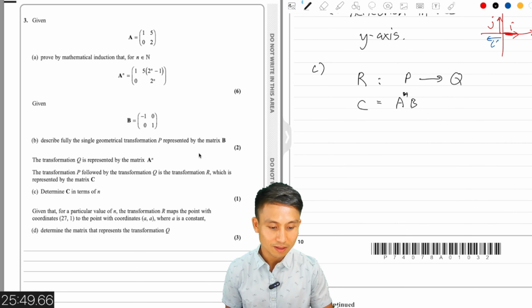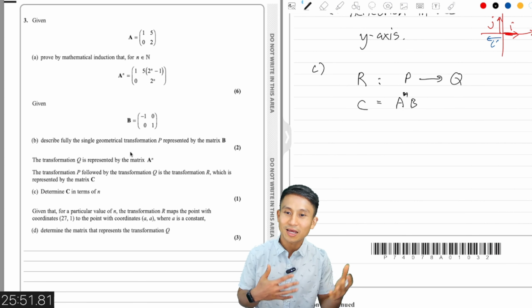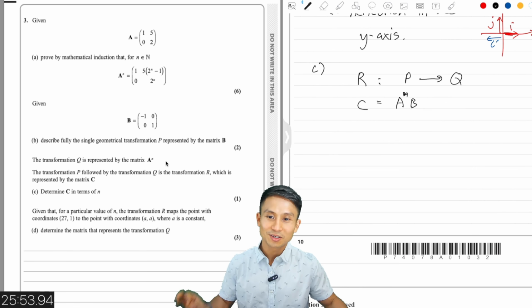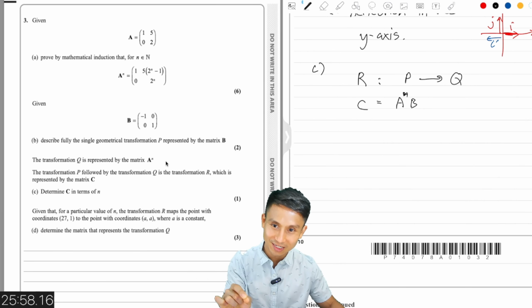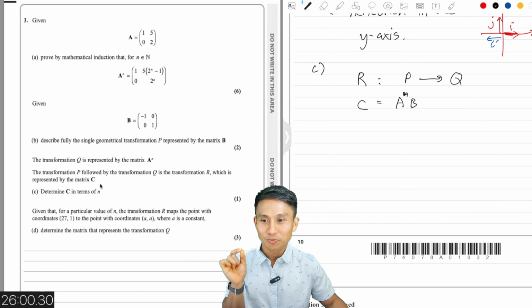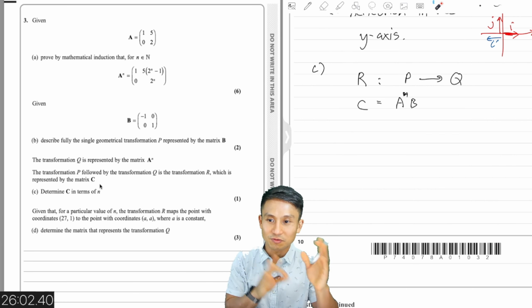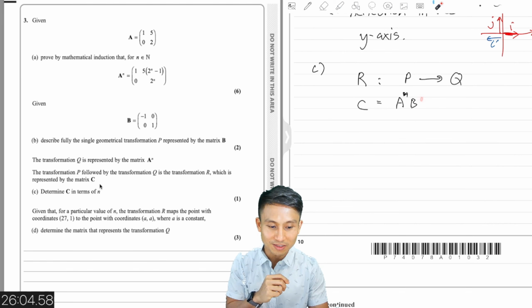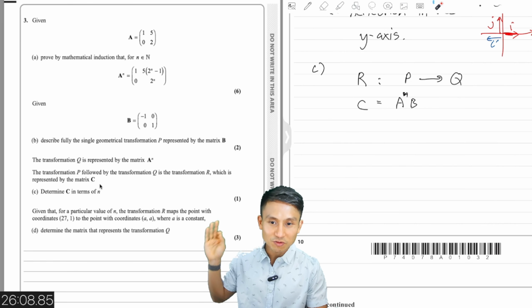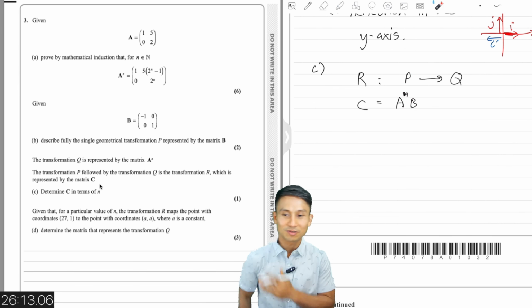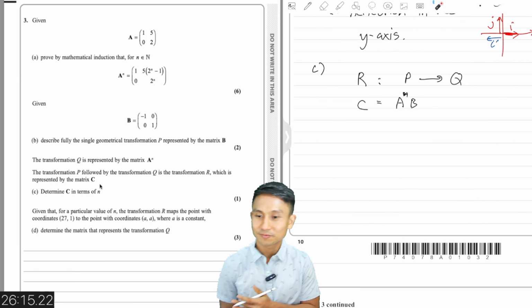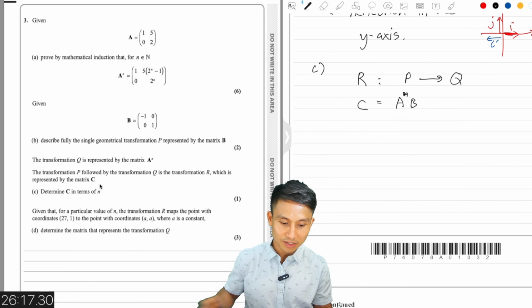B. They kind of use redundant letters here: a letter for the transformation and a letter for the matrix. So you have to put the matrix for transformation P on the right because it happens first. That's why I put B here. And then the matrix for transformation Q on the left because it happens later. Okay, so that's the matrix C then.